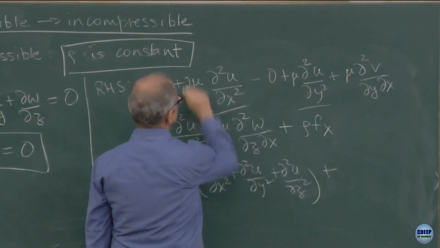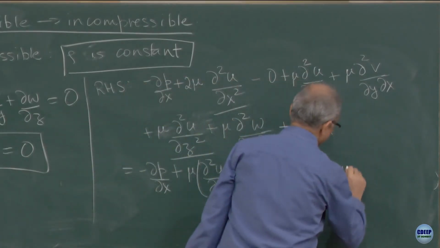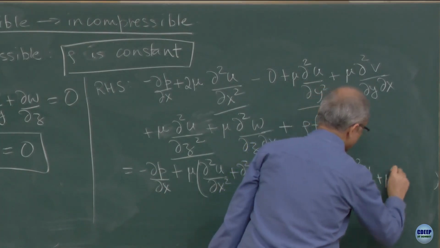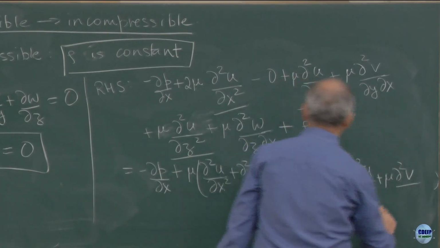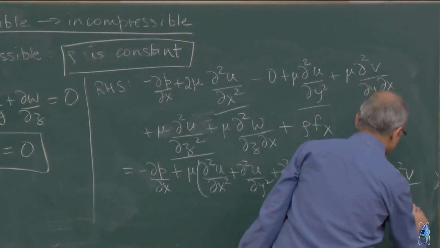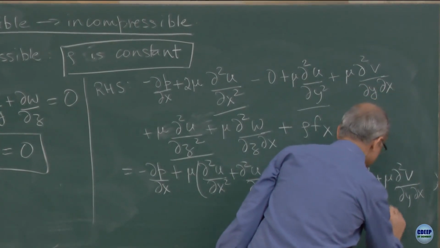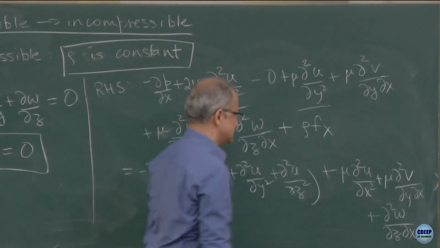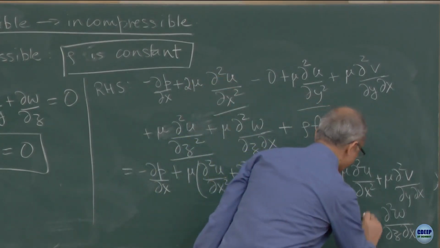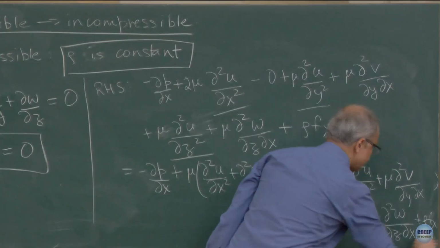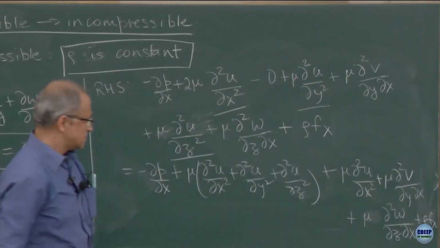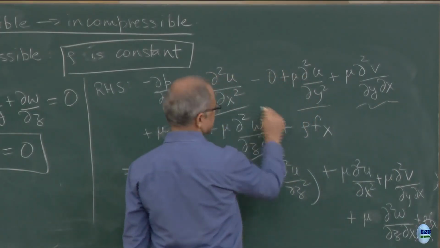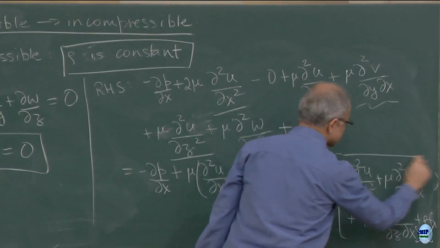From here, I have split this term into two terms. So I get ∂²u/∂x² plus mu times ∂²v/∂y∂x plus ∂²w/∂z∂x. These are the other terms that we get. I have clubbed these three terms, this term and one term from here, and this is how I'm writing these three terms together.